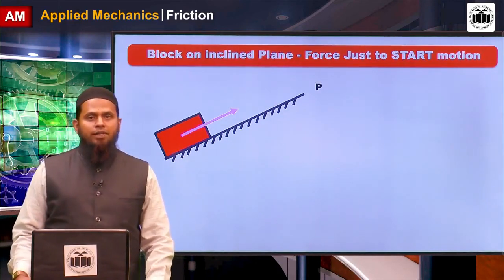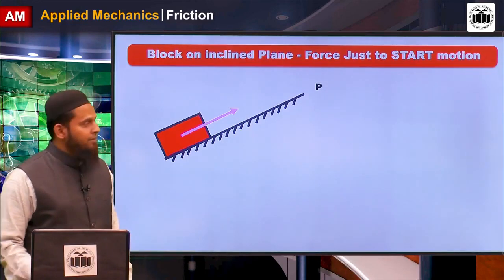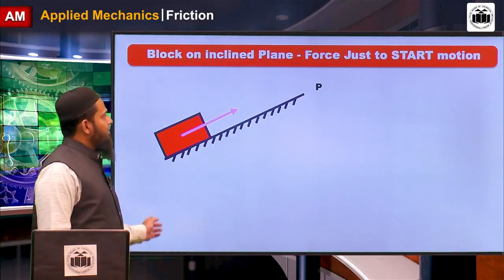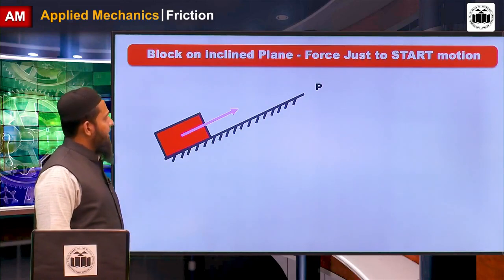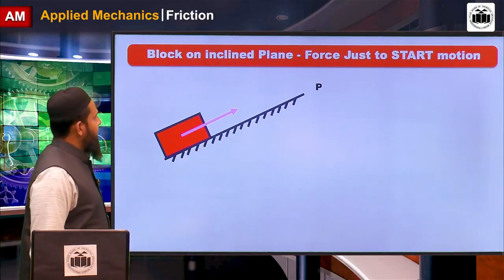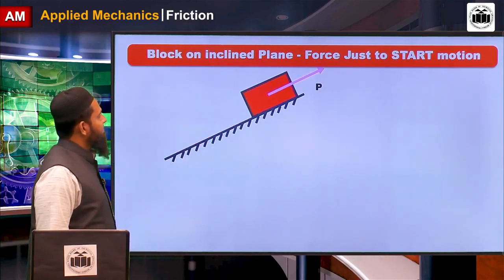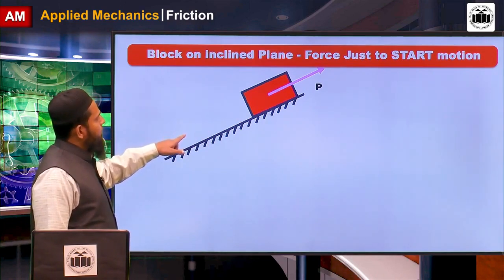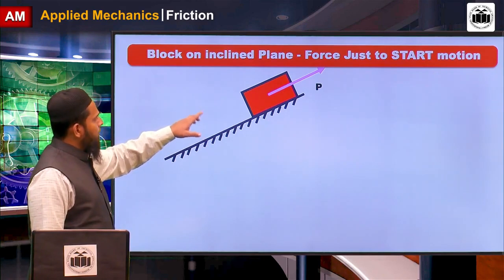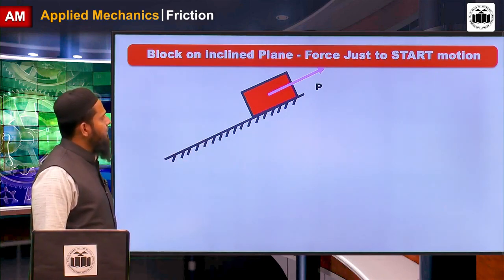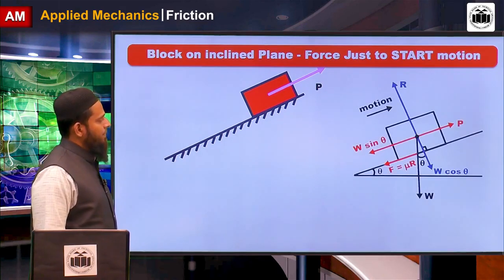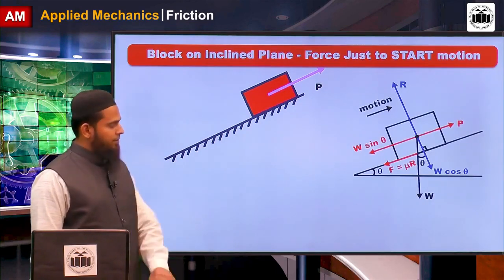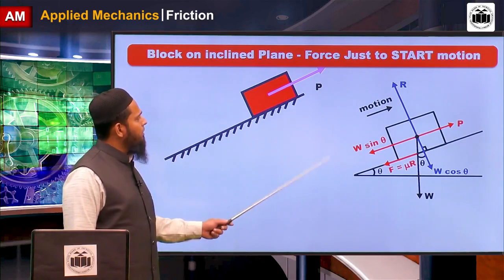Now block on inclined plane, but to start the motion, P is required, like this. With the P, we have to start the motion. On the verge of start of the motion, the equilibrium conditions are there. Now, see the free body diagram of the same block.